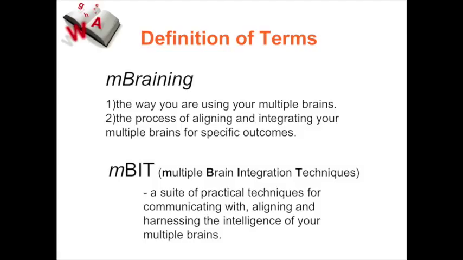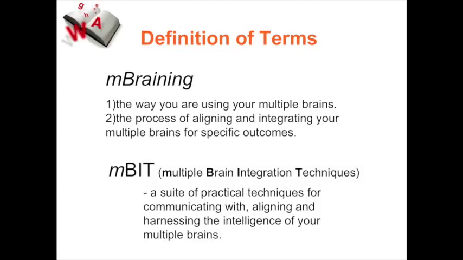And now to a definition of terms. mBIT, multiple brain integration techniques, is literally a set of practical techniques for communicating with, aligning and harnessing the intelligence of your multiple brains, of all your resources in your mind-body.